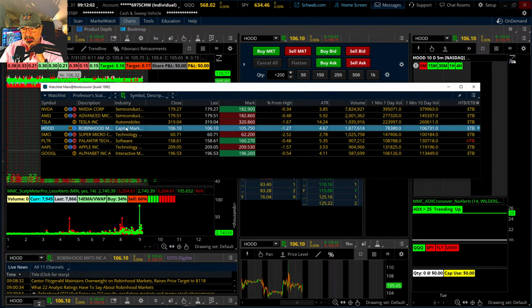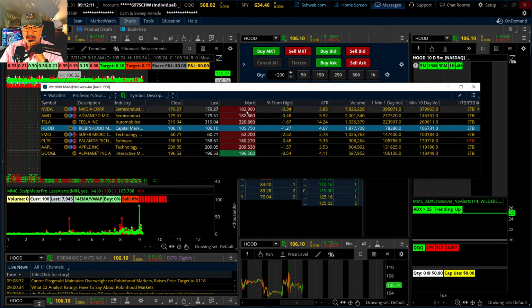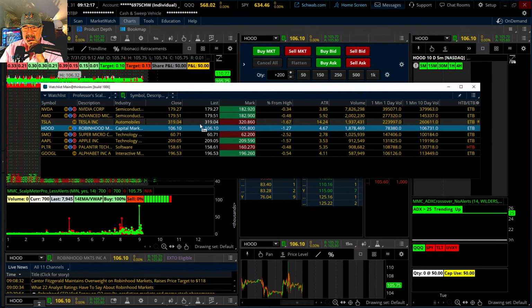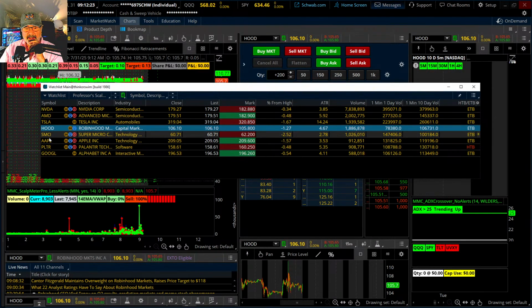So here's our usual suspect, and the news has been really good, so we'll read that again in a minute. But everything's taking off because here was the close of yesterday, and here it is now on NVIDIA. AMD, the close of yesterday, here it is now. So everything's moving way up here. Tesla is even up a little bit. Hood is not. That's interesting. This one keeps coming up too.